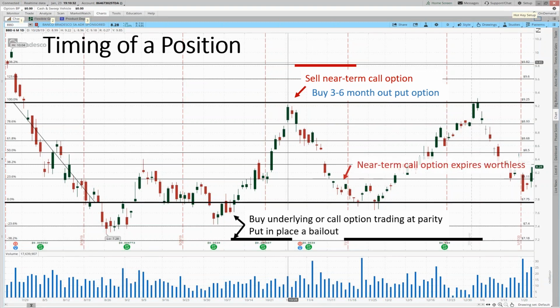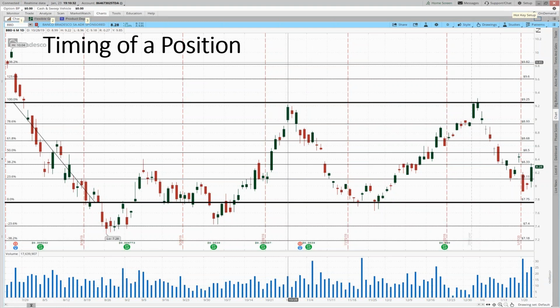And then that call option expires worthless. We've just made some money on the time passing by, and you sell back that protective put and you start all over again.